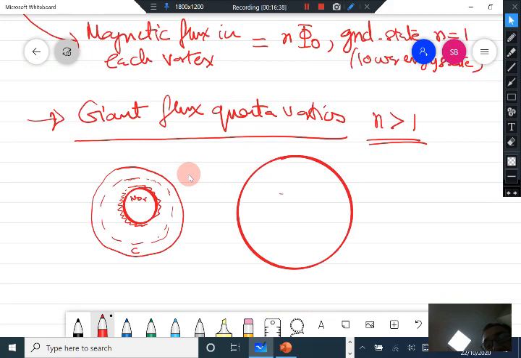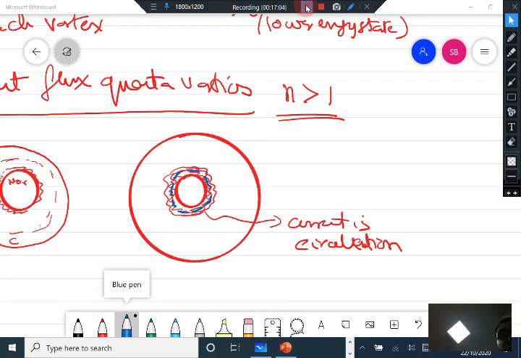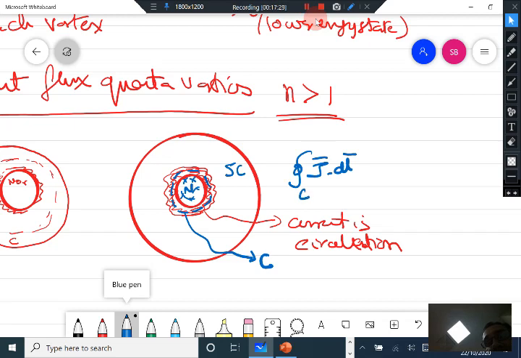Now if I had chosen a contour C which is inside the current circulating around the normal region, in the superconductor, where there is magnetic flux in this region and currents circulating around it, then the integral of J bar dot dl bar for this particular contour, let us call it C prime, is not equal to 0.